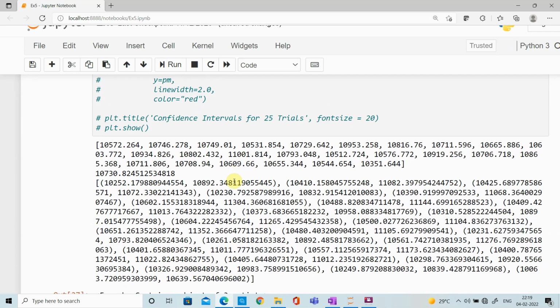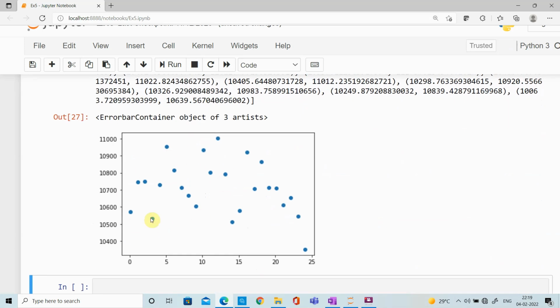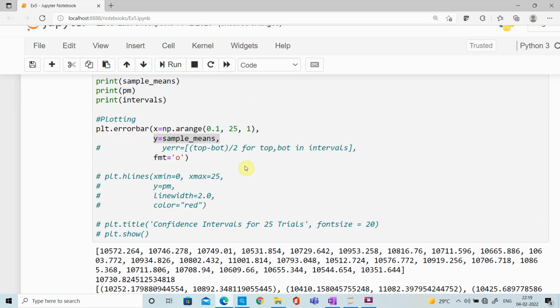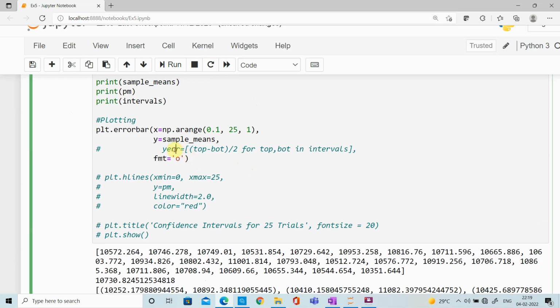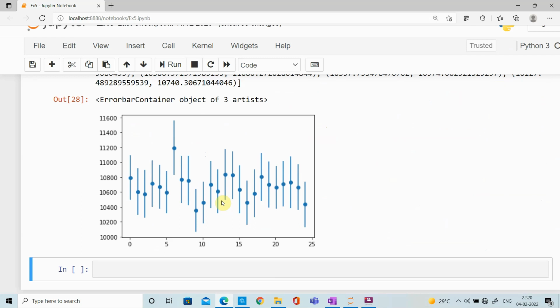When I run it, I get, for every iteration, my sample mean displayed here. Based on the sample mean only, I have calculated my confidence interval. Next, you need to display my confidence interval. From the interval array, for every iteration, take the confidence interval top level and the bottom level, and print it here.